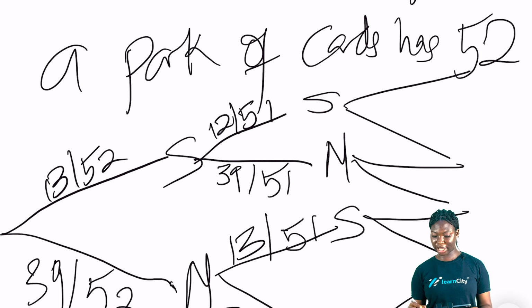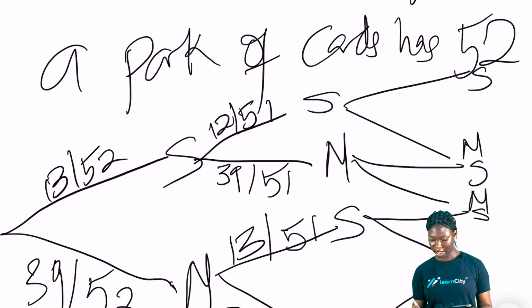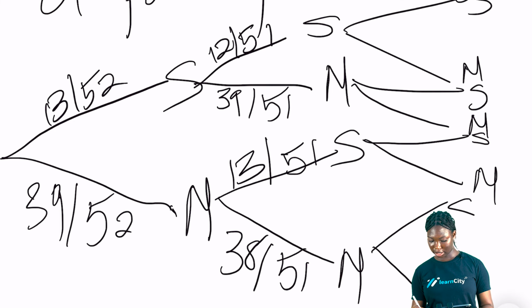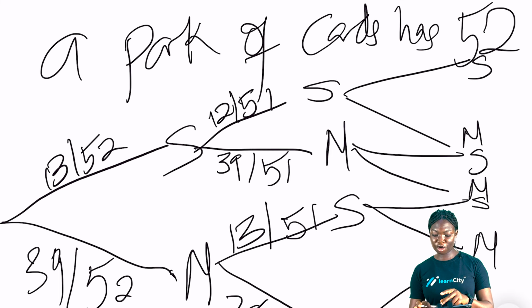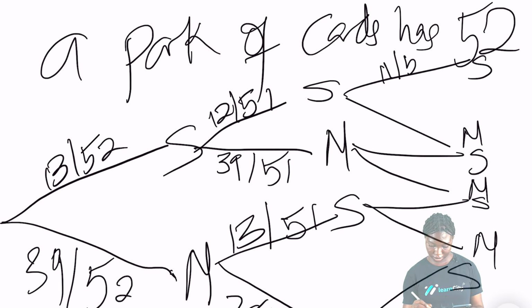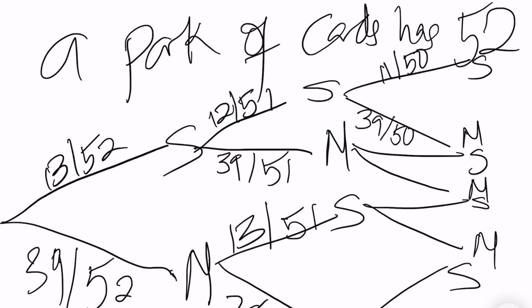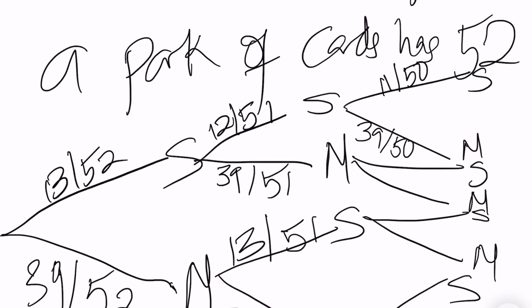so for the first one we have S, N, S, N, S, N, S, and N. So removing from this, we will now have 11 over 50. Then this will still be 39 over 50. For this one, it will be 12 over 50 and it will now be 38 over 50.